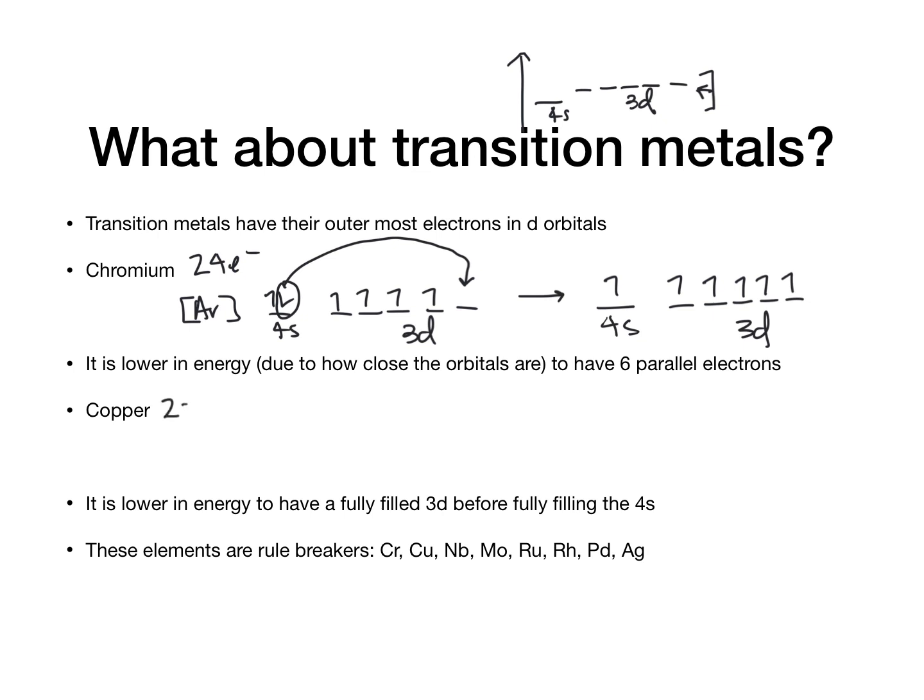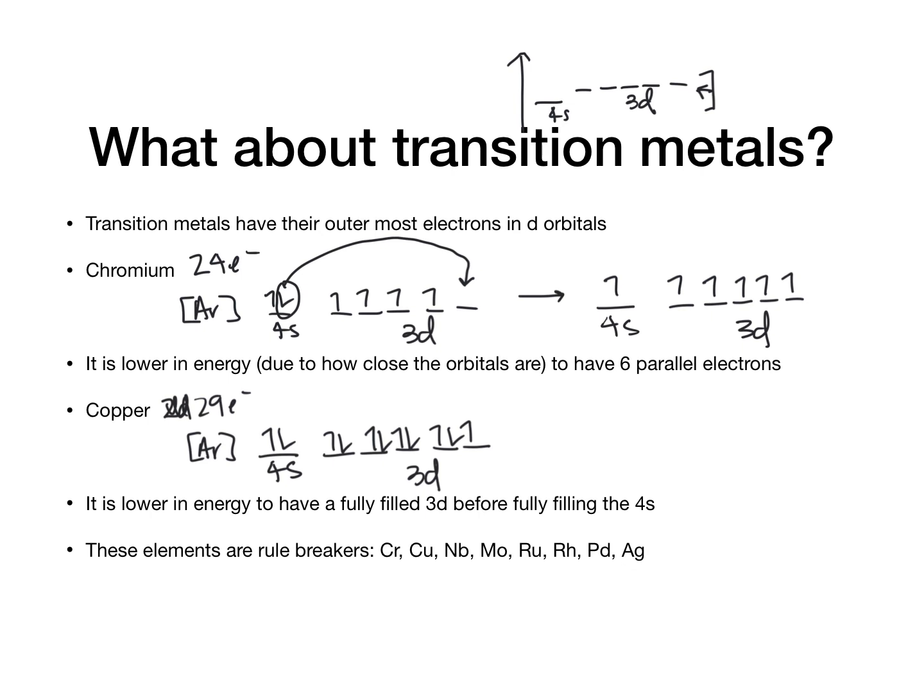So let's look at copper. This has 29 electrons. So we have argon, 4s, 3d, and we see this in the parent complex.